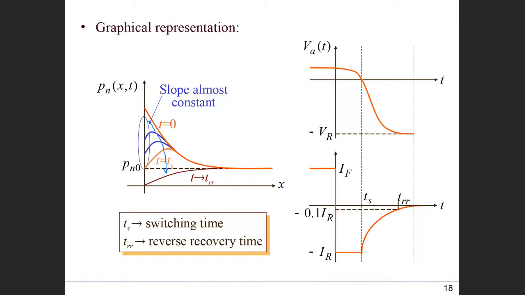That change follows this kind of graph. During this time, the total number of minority carrier charge in the n side is positive, so the diode itself still feels like forward bias.